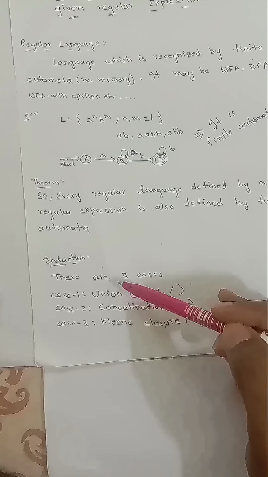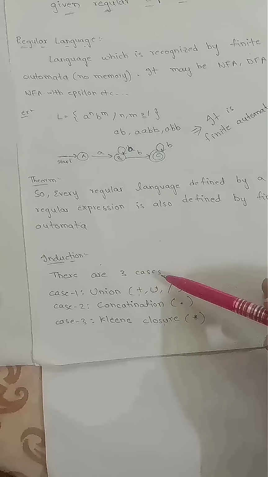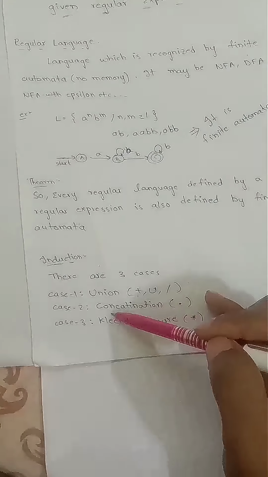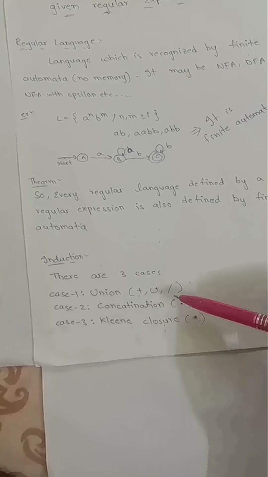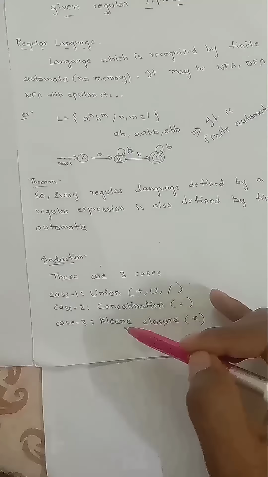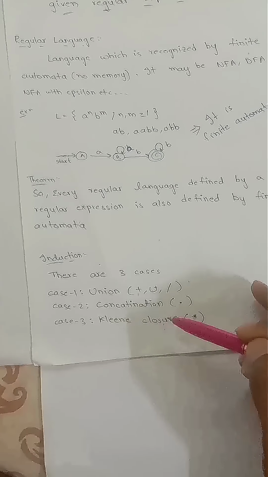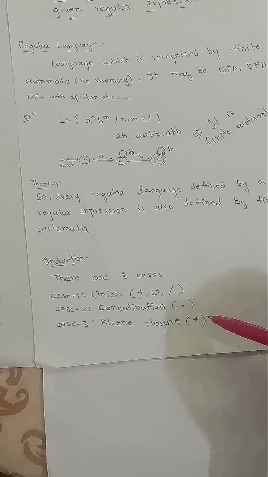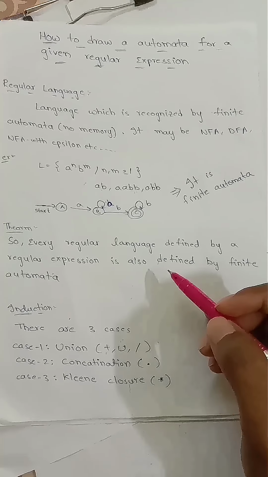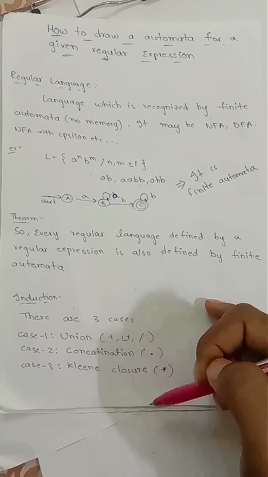Union can be represented by three symbols: plus, U and slash. Concatenation is represented by only one symbol, that is dot, and finally Kleene closure is represented by the symbol star. Now let us learn how to draw an automata for each case in induction.